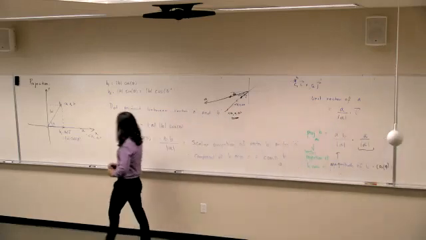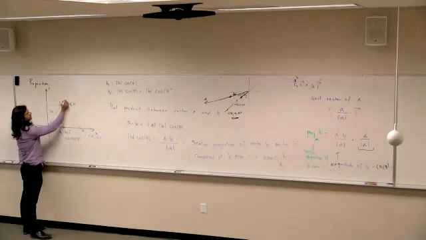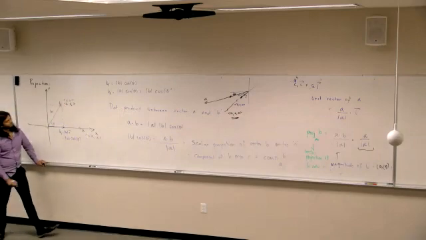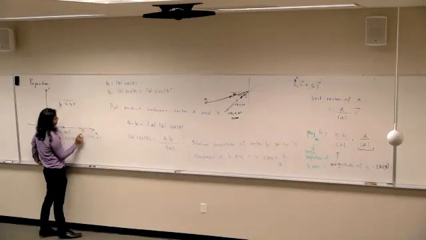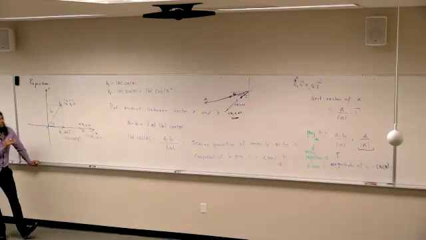Let me pick numbers. Call this 2, 4, yes. 8, 0. I can pick a different number, but I want to keep things simple. Good.